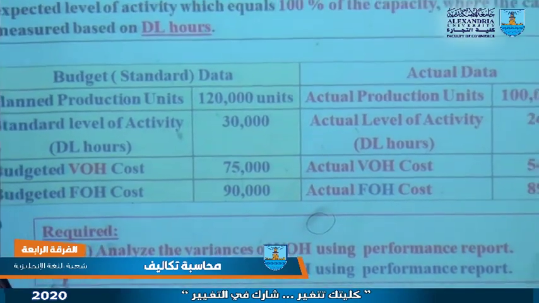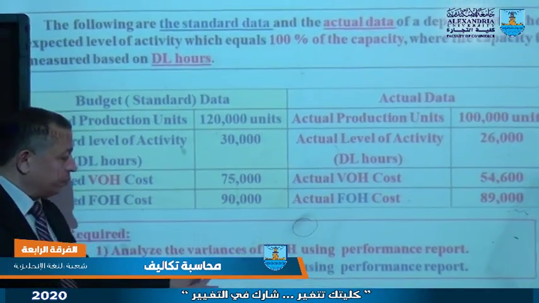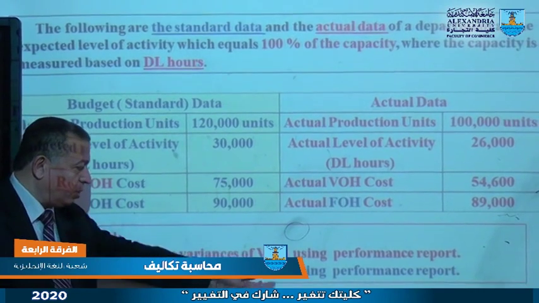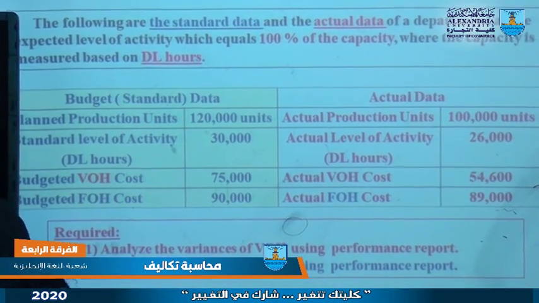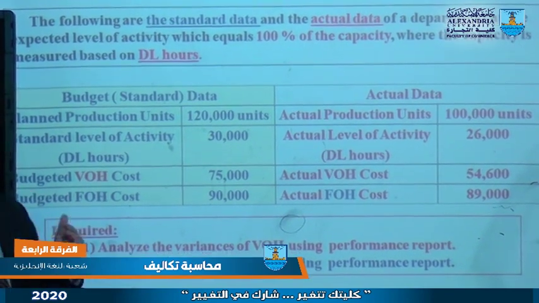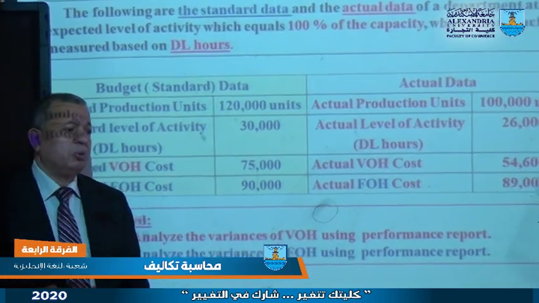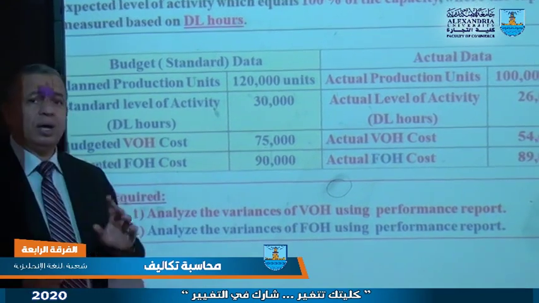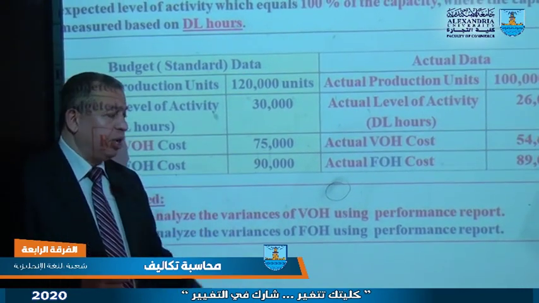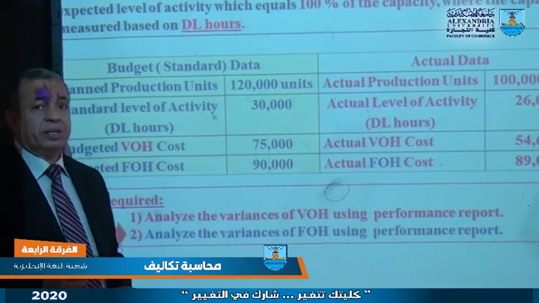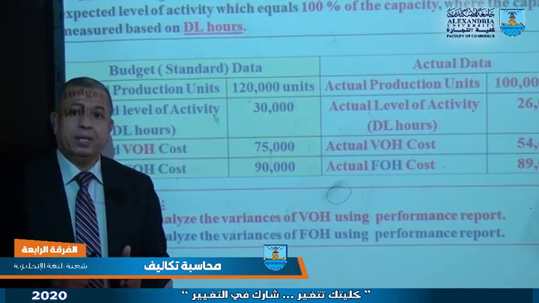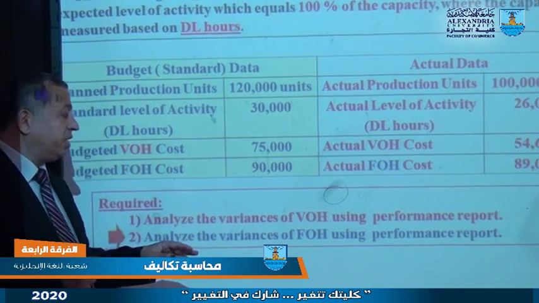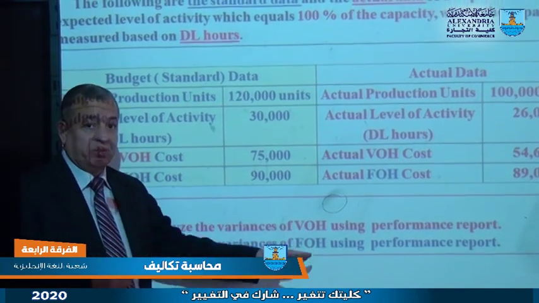Today, I will complete speaking about how to analyze fixed overhead variances and repeat again the previous lecture. I mean, repeat again how to prepare performance report and how to prepare the equations for variable overhead. So today I will explain fixed and I will repeat again and revise everything about variable overhead. Okay?